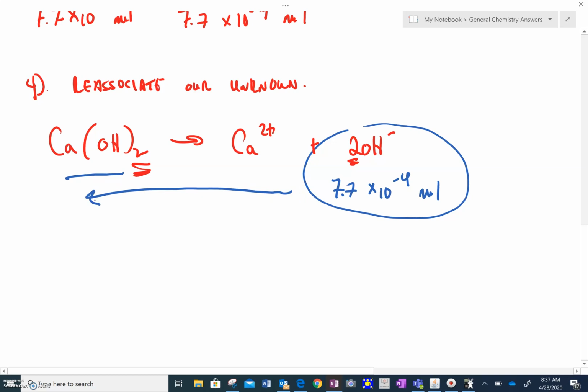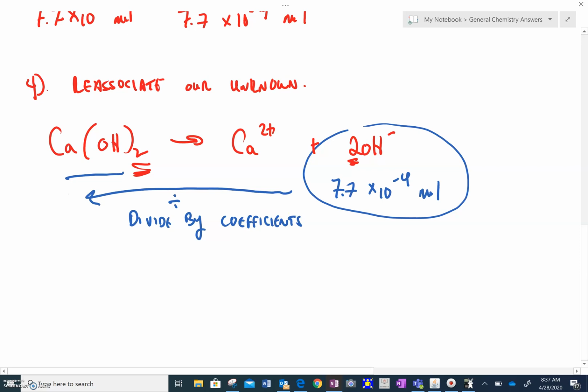Now, the best and fastest way I know how to explain this is that if we are going this way, we divide by any coefficients we have.